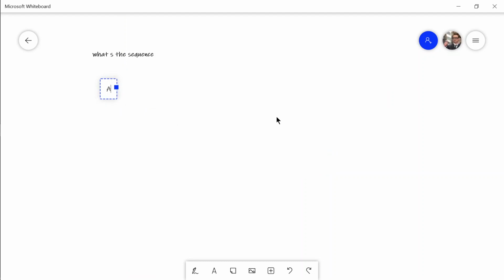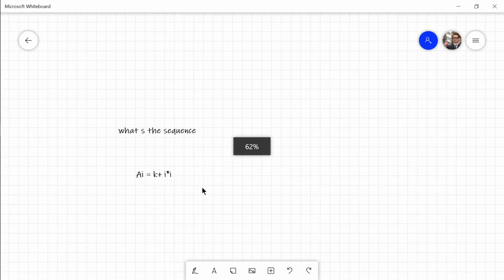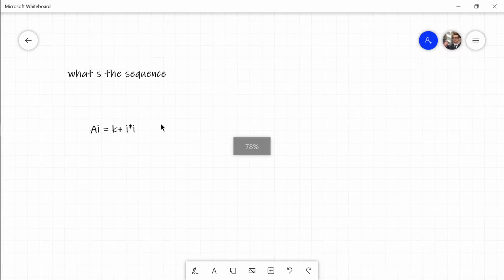That is a_i, that is k plus i squared. Okay, this is the sequence.